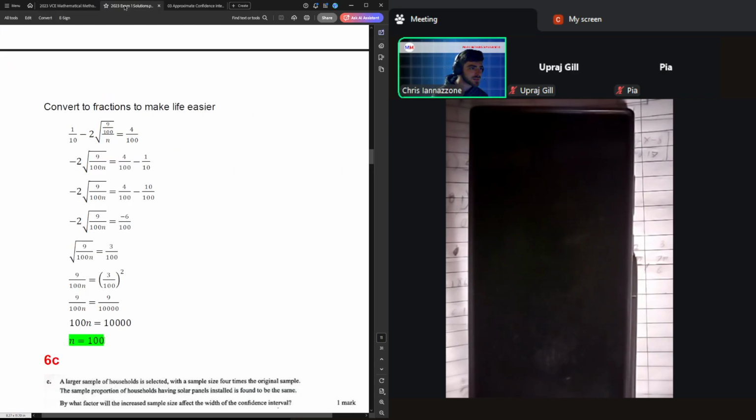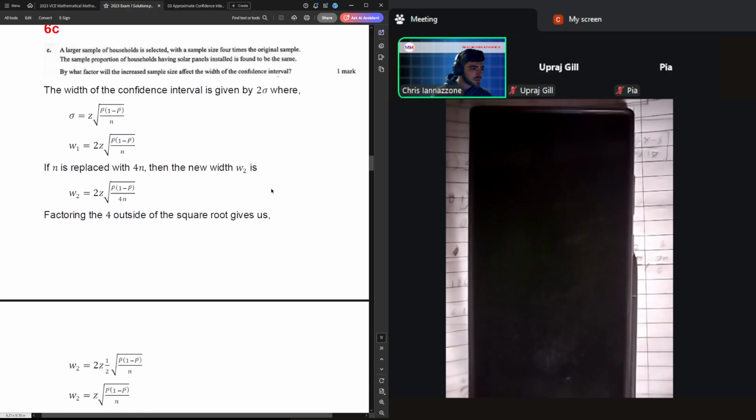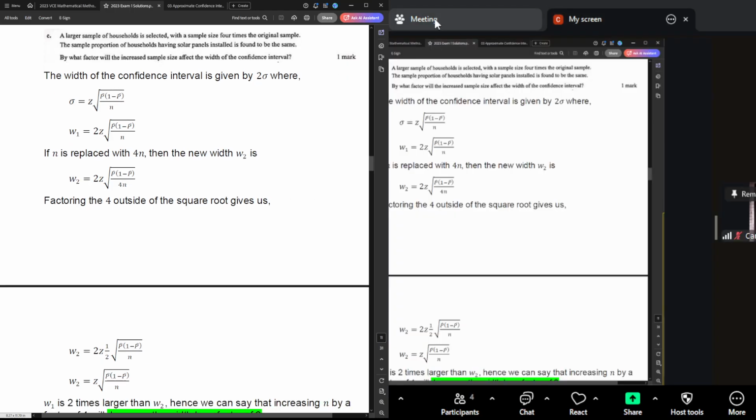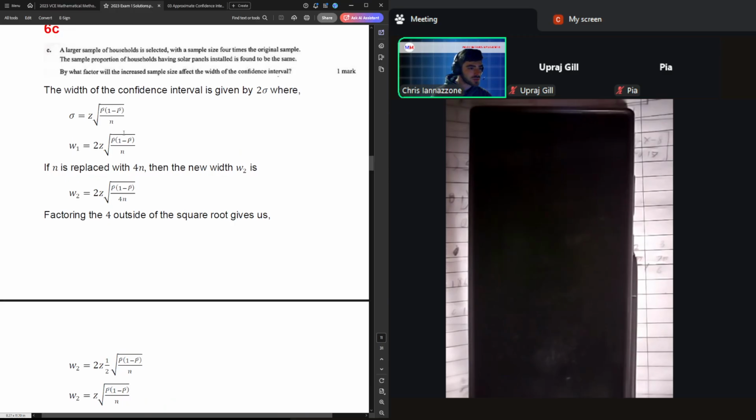Yep, that's okay. So the overall approach that I was describing is as follows. Start by defining what your original width is going to be. We have basically no information about n, p hat, any of that stuff. So we can just use the entire standard deviation term to help define our width.